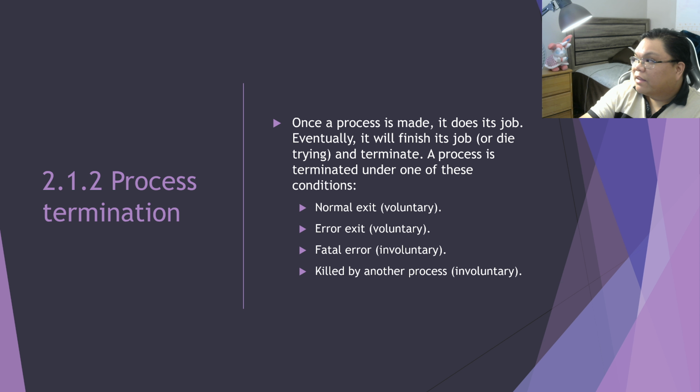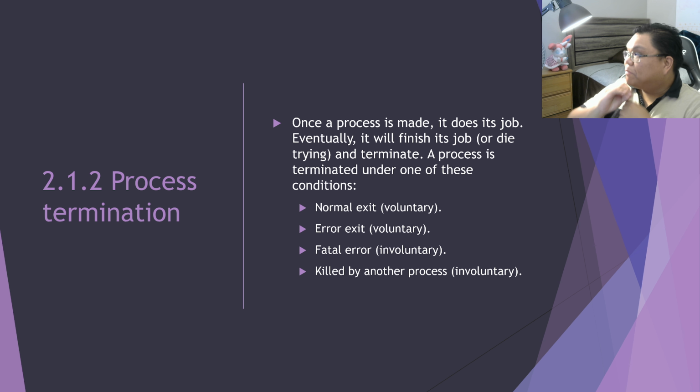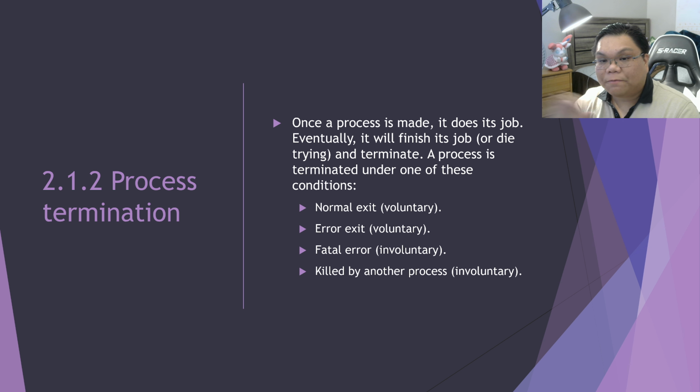So now we have processes. They're gonna do their thing. Eventually, they're gonna finish their job, or they're gonna die trying. So at some point, a process is going to terminate, and it's gonna terminate under 4 different conditions.